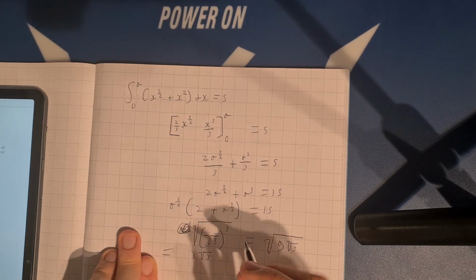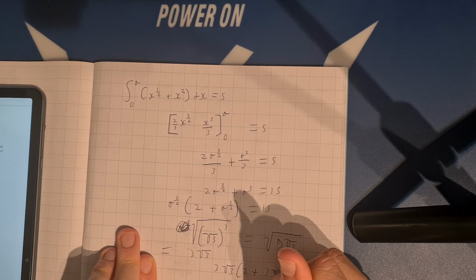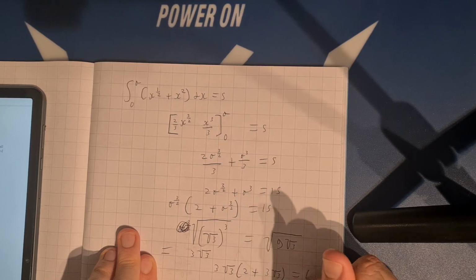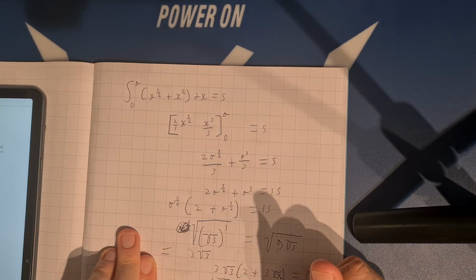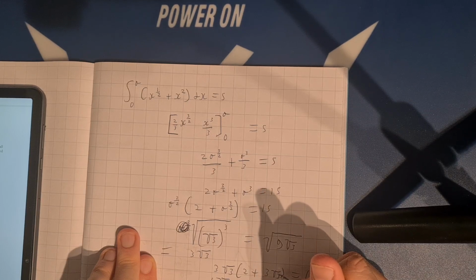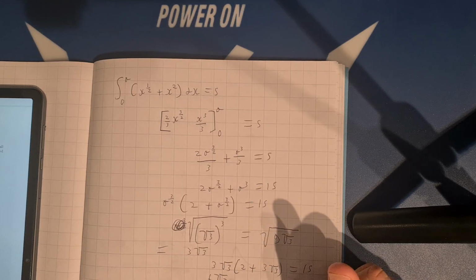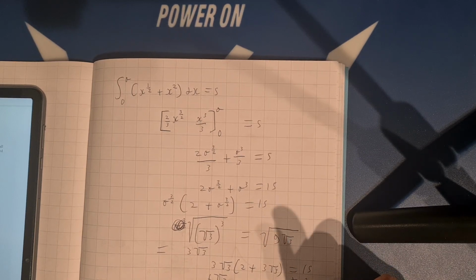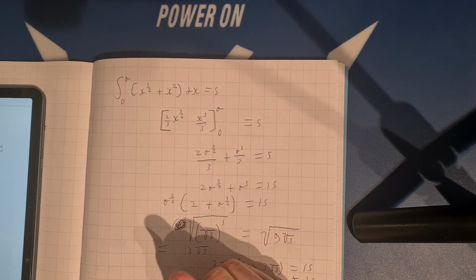Okay, so you're going to have 3 root 3 times 2 plus 3 root 3 equals 15. So you get 6 root 3 plus 9 times 3, which is plus 27. So it's not that. That doesn't equal 15. So it's not B.